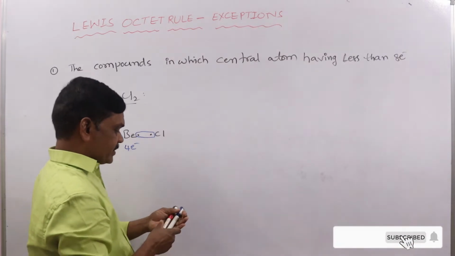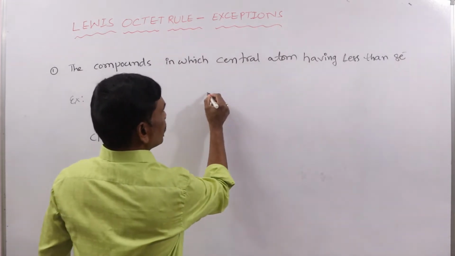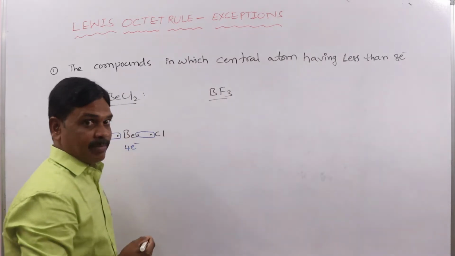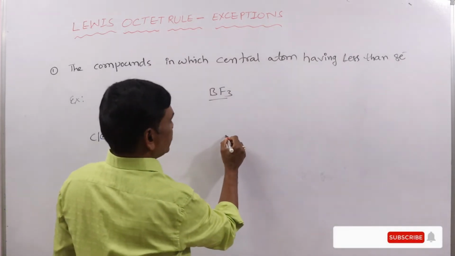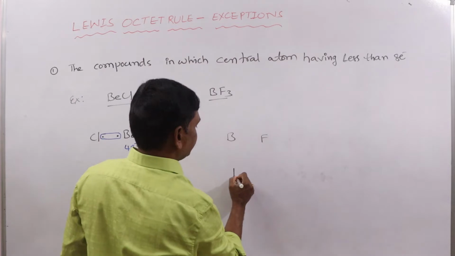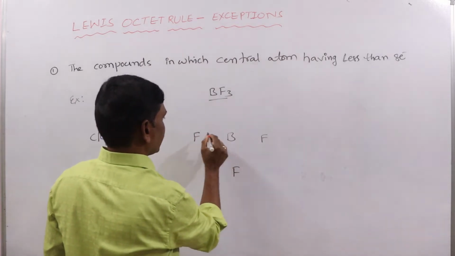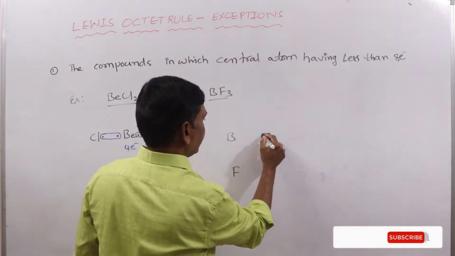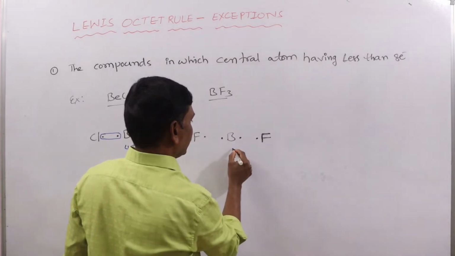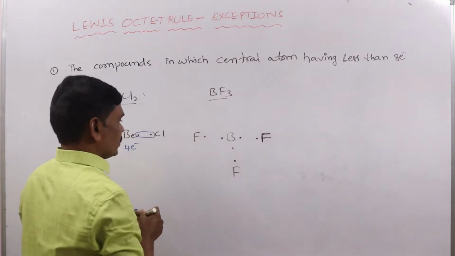Another example is boron trifluoride. The structure of boron trifluoride: fluorine, and fluorine. So 1, 2, 3, 4, 5, 6.